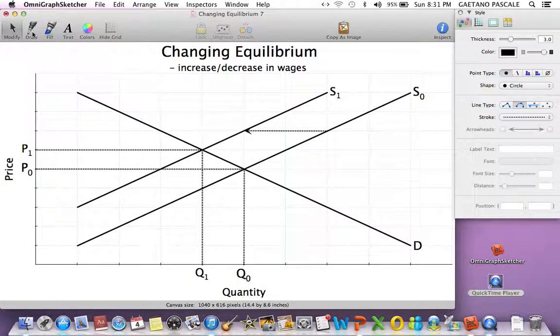So what do we end up seeing for the price of that product? We see that the price increases. Supply curve shifting to the left drives the price up, and it drives the equilibrium quantity down.